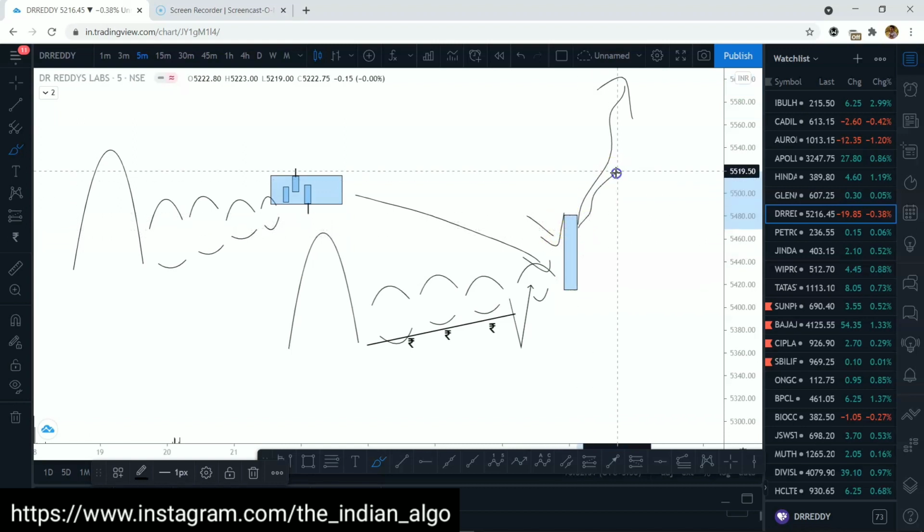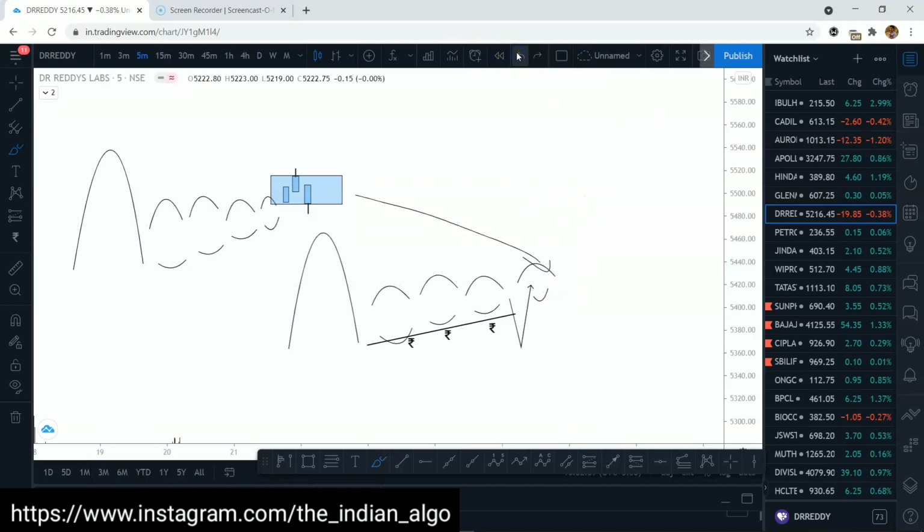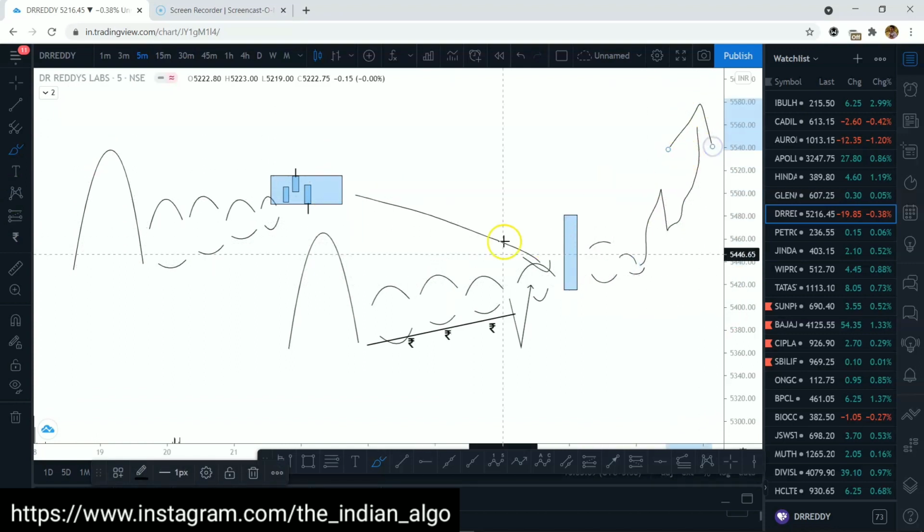It does not guarantee any higher moves. If the candle is wide enough in the opening range itself, it is very likely to come back and form something like this and then go higher.